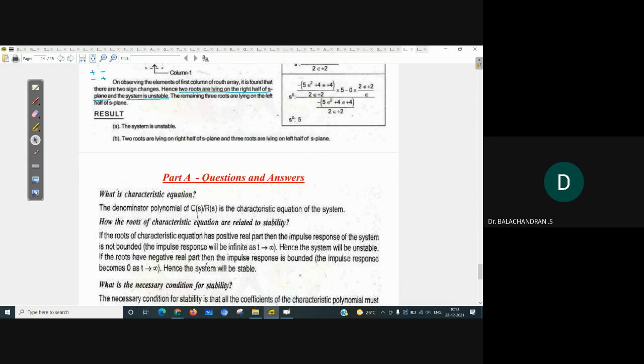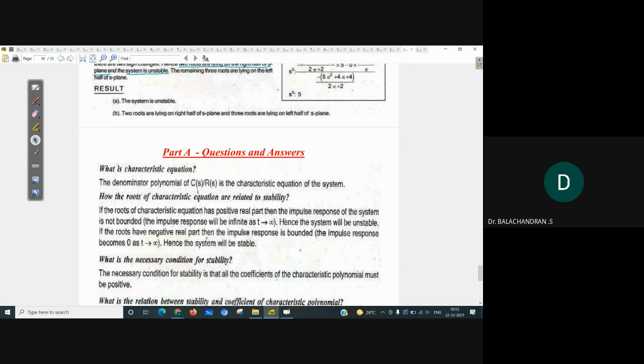The impulse response will be infinite as t goes to infinity. Hence, the system will be unstable. If the roots have negative real part, then the impulse response is bounded, that is, the impulse response becomes 0 when t approaches infinity. Hence, the system will be stable. That's why we are looking for the negative real part of the roots.